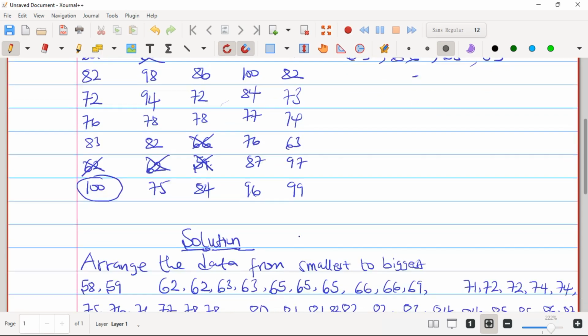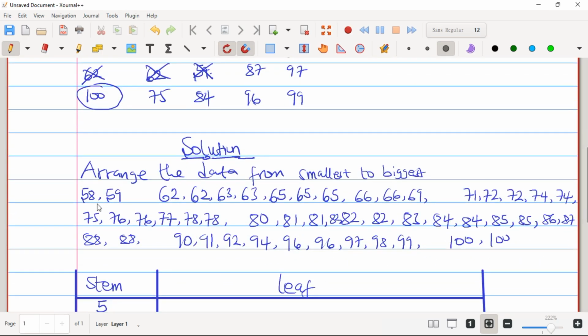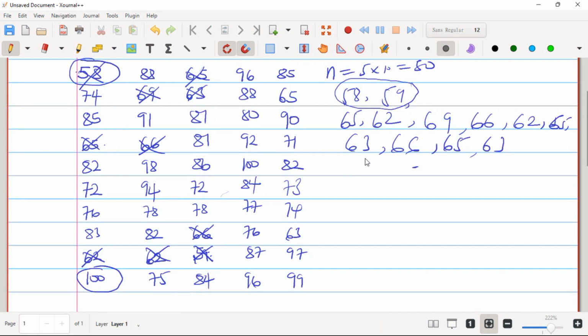So here I've already done this one on the solution sheet. Here I have 50, 58, 59, right? So when we arrange the 60s in order, here I'm going to have 62, right? 62, because 62, 62, and in order we have 63 again.